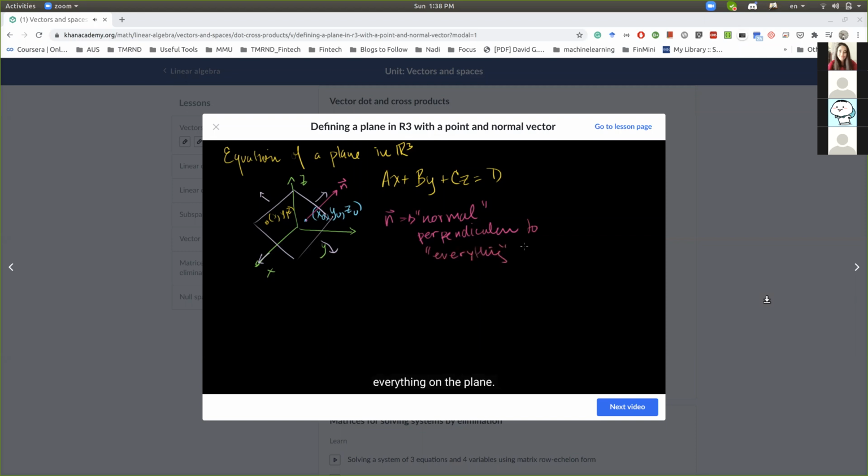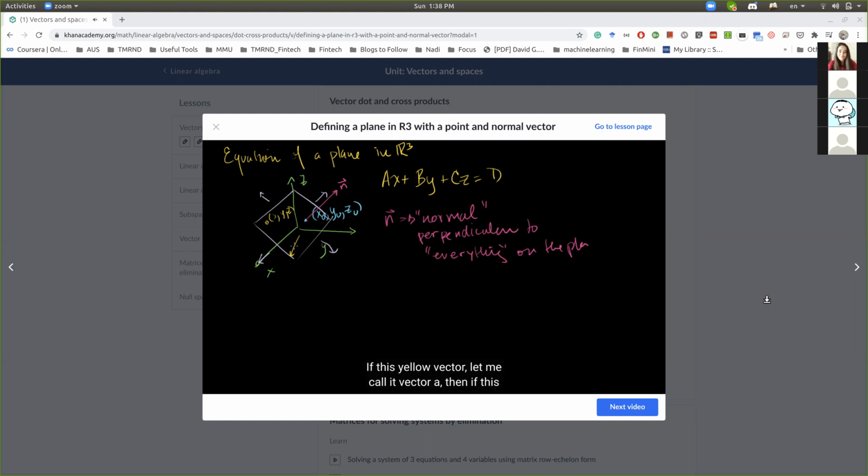Let me say it in very imprecise terms: perpendicular to everything on the plane. If I have some vector lying on the plane, if you imagine the plane as a piece of cardboard, that yellow arrow I just drew would be drawn on the cardboard. It's sitting on the plane.